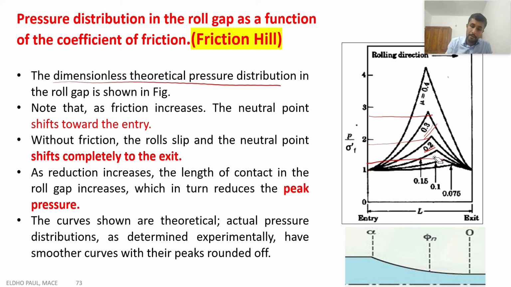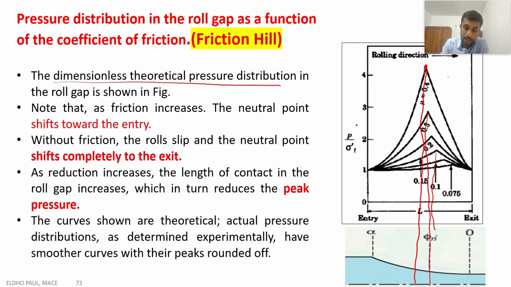And one more important point we can notice here. This is the neutral point. Maximum pressure is actually developed at the neutral point, where the slip is equal to 0. So this is the neutral point corresponding to 0.4 mu. When we reduce the mu value, the neutral point is shifted towards the exit. See this?